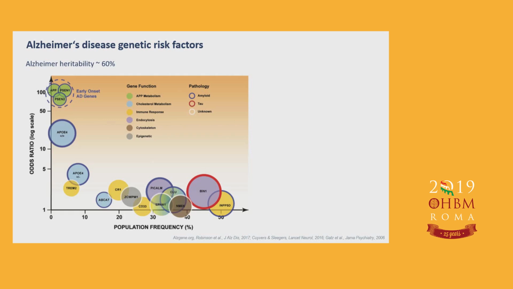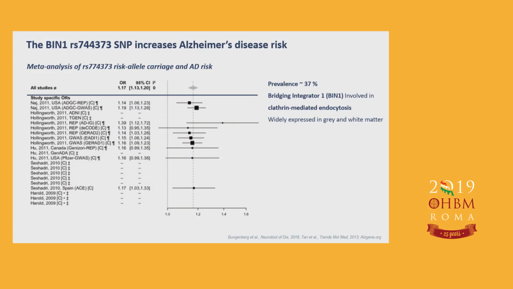On the other hand, one genetic variant in the BIN1 gene is highly frequent and still relatively associated with high risk of Alzheimer's disease. However, the mechanism of how this SNP is associated with Alzheimer's disease is not well known.